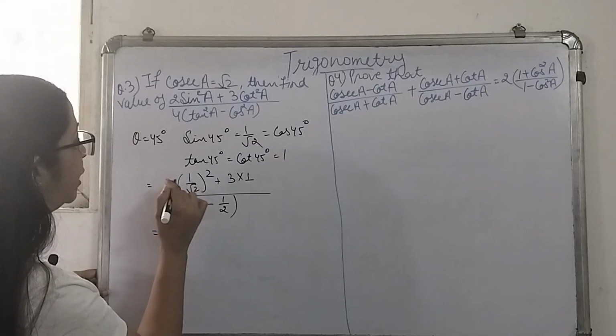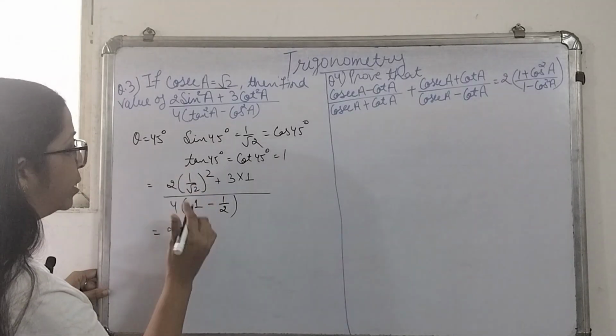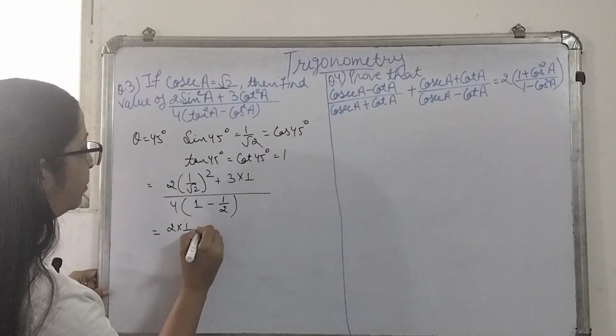So the numerator will be 2 multiplied by square of 1 upon root 2, which is 1 upon 2, so that will be 1 only, plus 3.